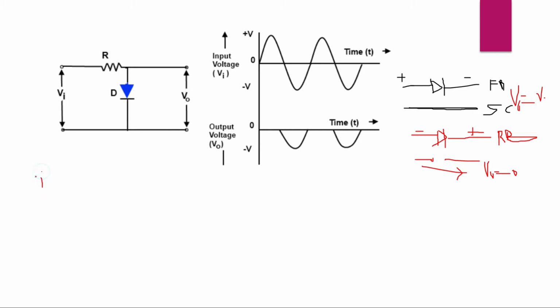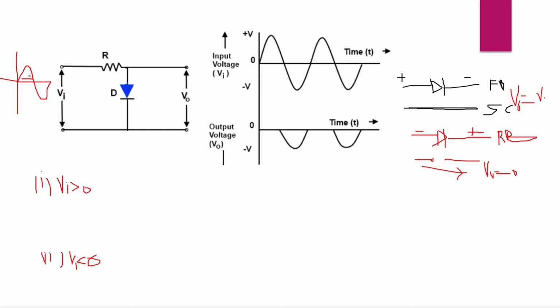So here you have two conditions: Vi greater than 0 and Vi less than 0. Here I am giving an input sine wave of 5 volts peak to peak.